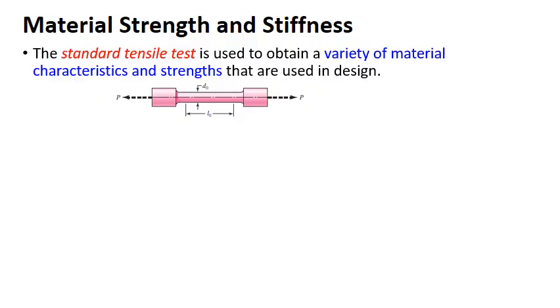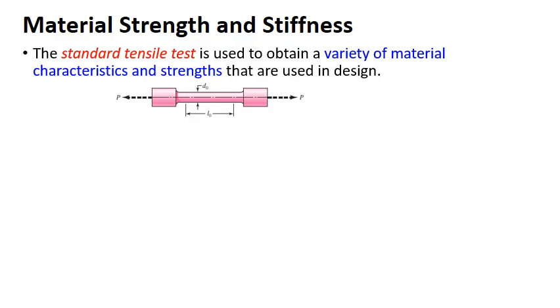So that is the crosshead speed we maintain to obtain the properties, and the way in which the extensometer has to be mounted onto the specimen. All those details are specified, and once you get the data, how to process it?